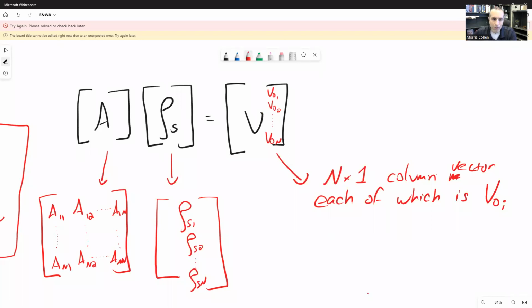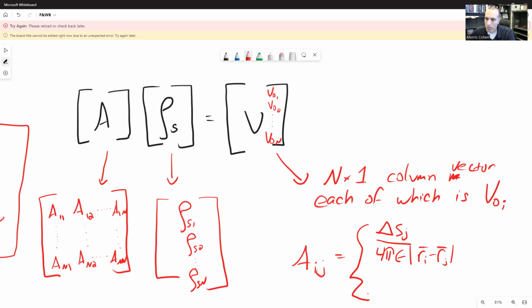And let me just tell you what each of the entries in this matrix is. A, I, J, the ith row and the jth column will be the following. This will be delta Sj over 4 pi epsilon times the absolute value of Ri minus Rj if J does not equal I.